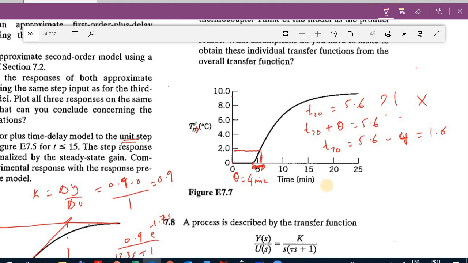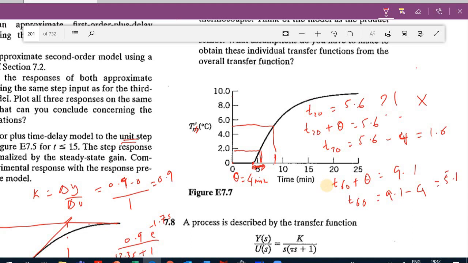And similarly, if you want to calculate T60, going to 9.1, T60 plus theta is equal to 9.1, so T60 is equal to 9.1 minus 4, which is equal to 5.1.